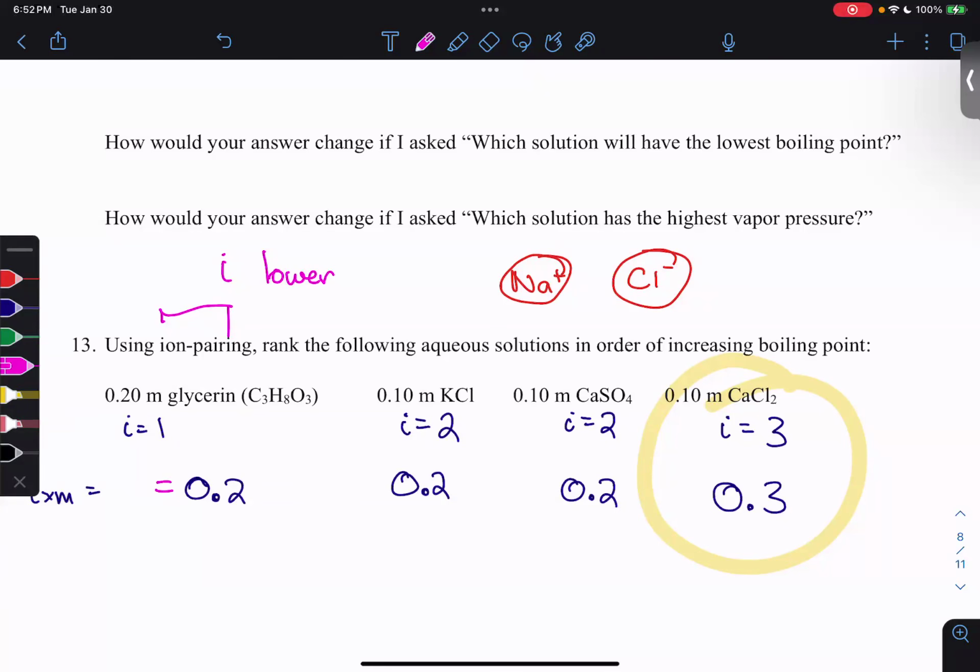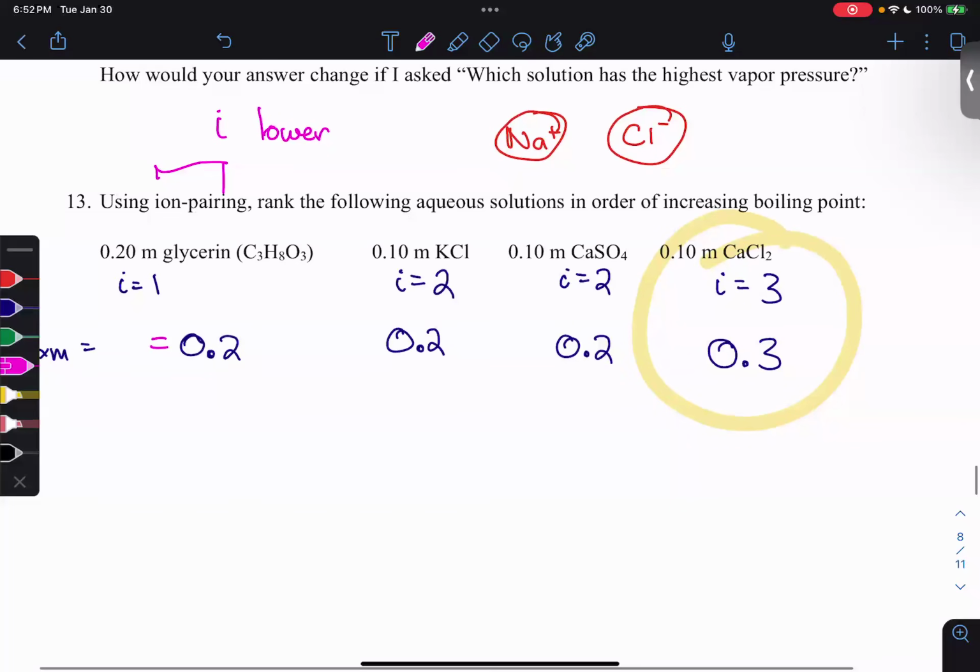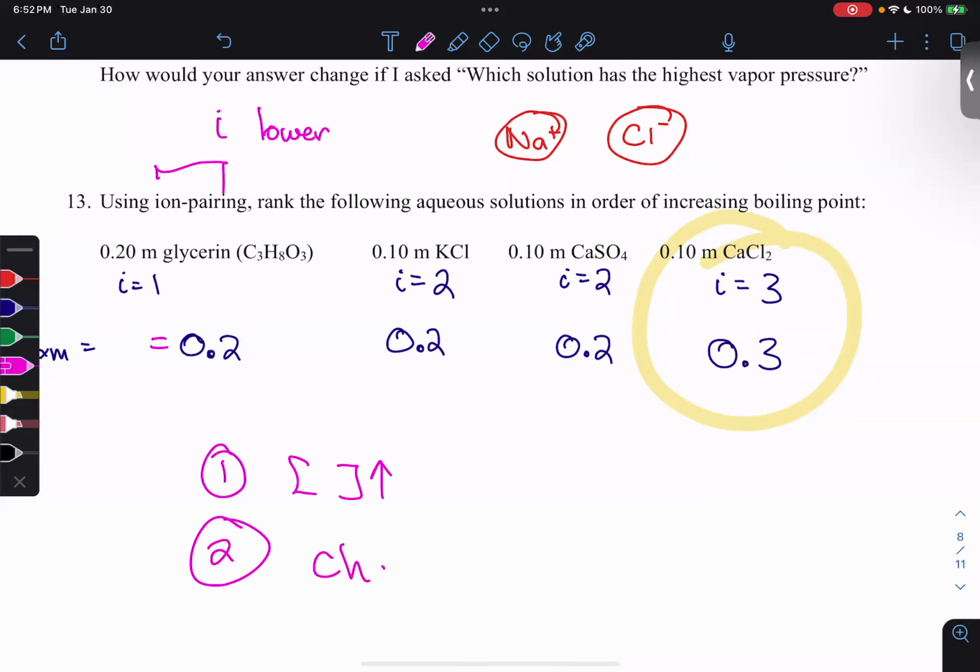Can calcium sulfate ion pair? Yes, because it's ionic. We'll see which one can ion pair more. So the criteria for ion pairing is ion pairing's more apparent when concentration's high, but all of these have the same concentration, so we can ignore that one. The second one is when charges are high. Because the idea here is KCl is a +1 -1 cation anion.